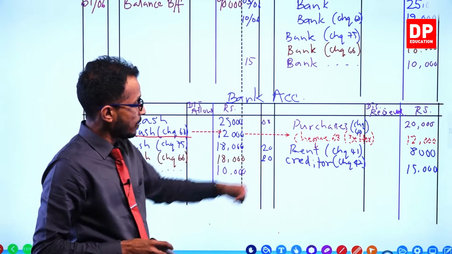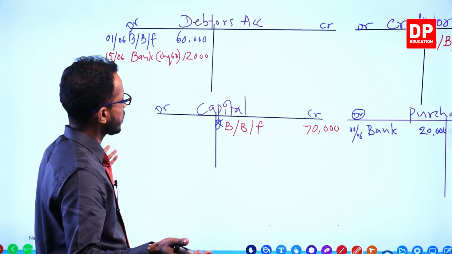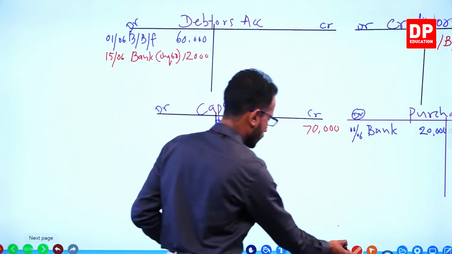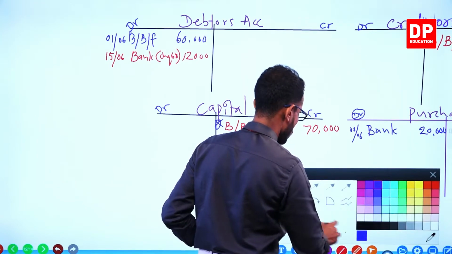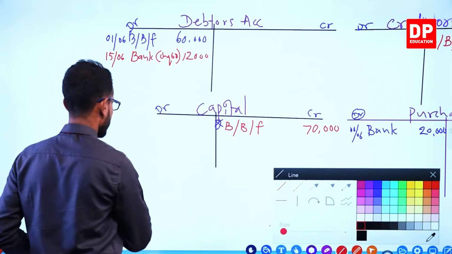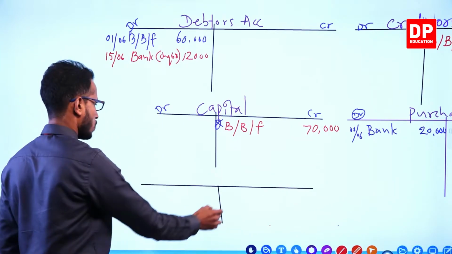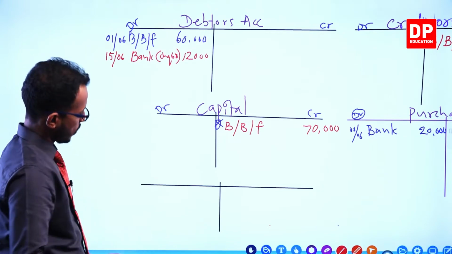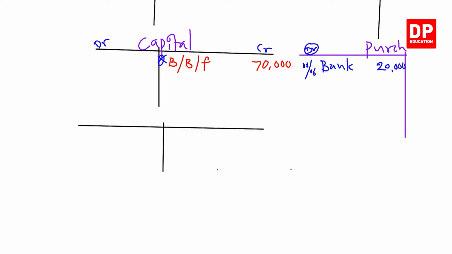Okay, putting the double entries. We need a rent account. We don't have a rent account. We should draw a rent account. We will draw it somewhere here. Rent account, 8,000 debit.